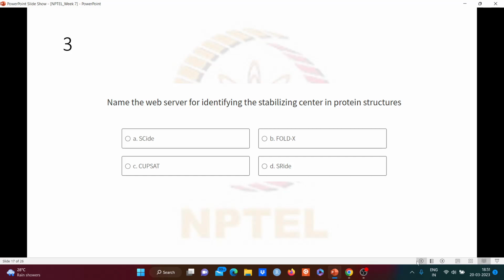Okay. So here we are in the third question. Which server is used for identifying the stabilizing center in protein structures?